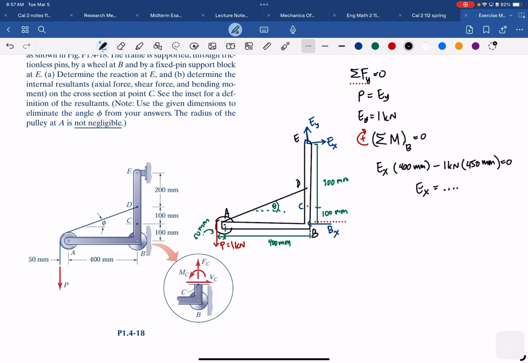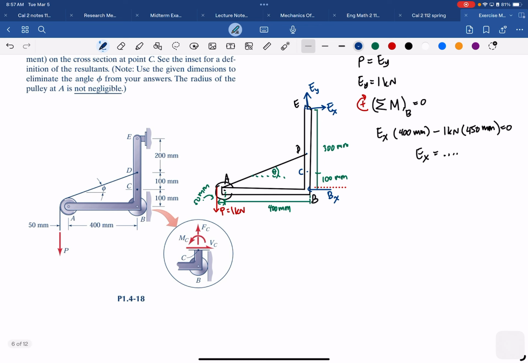So you get EX and EY, and then the second part is internal resultant. So to get the internal resultant, we do need the theta for some conversion. So let me go here to give you another diagram.